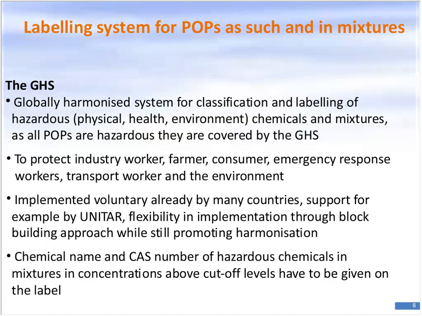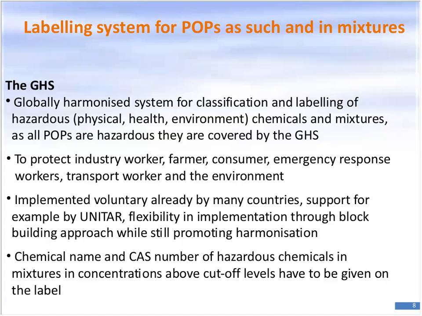That means, in summary, that each POP is a hazardous chemical, and all POPs are hazardous, so if they are traded as such as chemicals, they have to be classified and labeled. The chemical name of the POP and the CAS number has to be on the package.